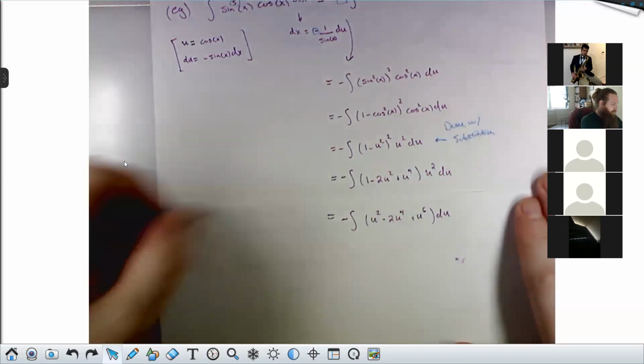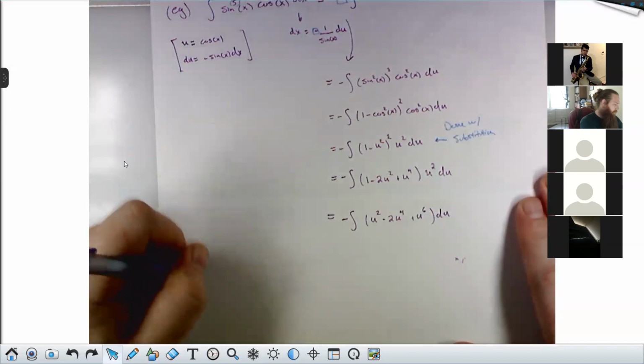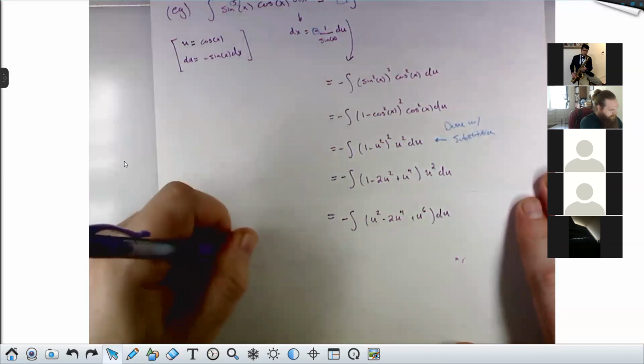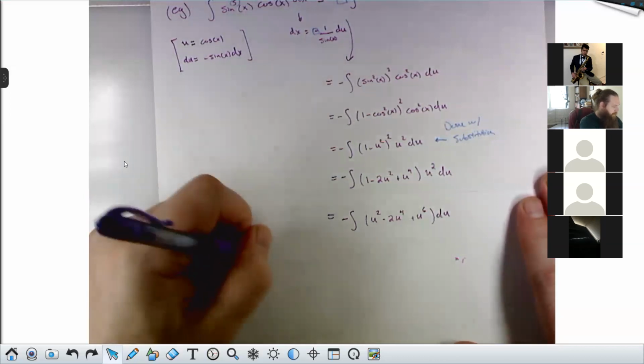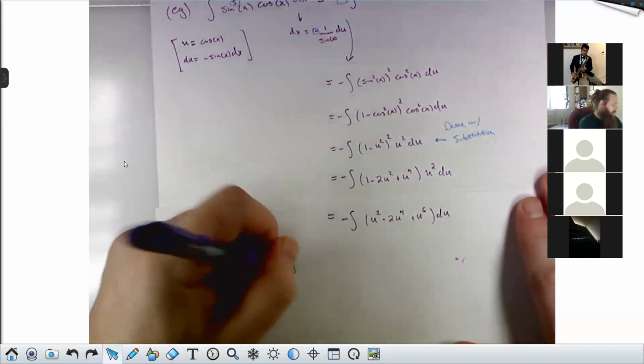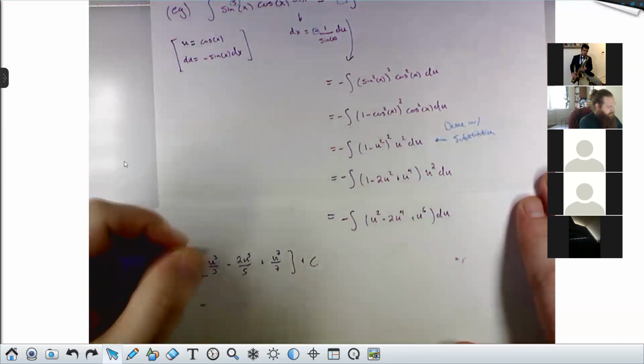And now we're just about done. I guess I'll bring it over here. That's negative u cubed over 3 minus 2u to the 5 over 5 plus u to the 7 over 7 plus c, and I'll bring the negative back in.